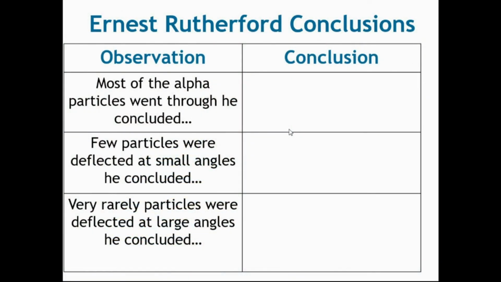The first observation that Rutherford made was that most of the alpha particles went through the gold foil. Okay? Secondly, he saw that few particles were deflected at small angles. Thirdly, very rarely particles were deflected at large angles. And with all this, let's look at the conclusions that he drew from the observations.